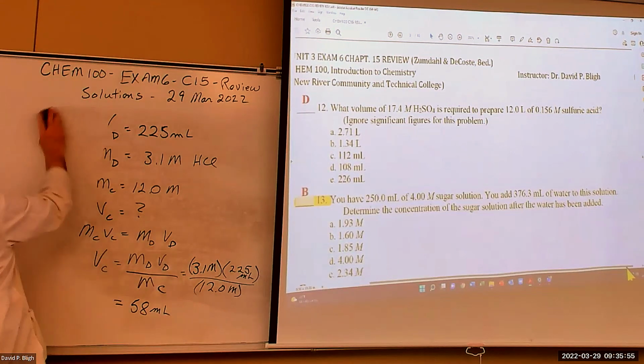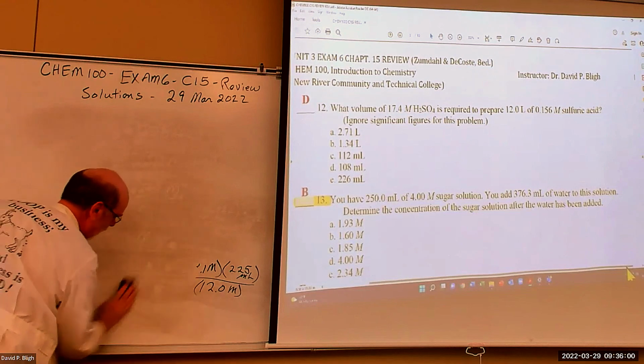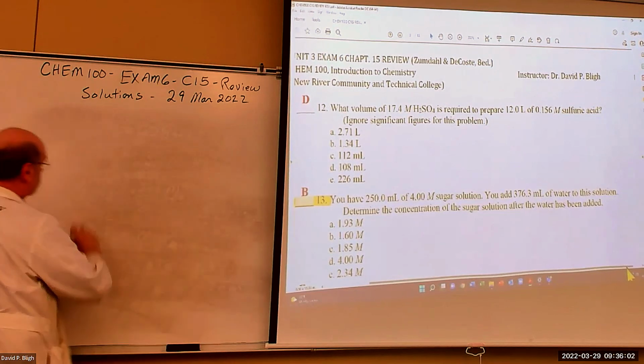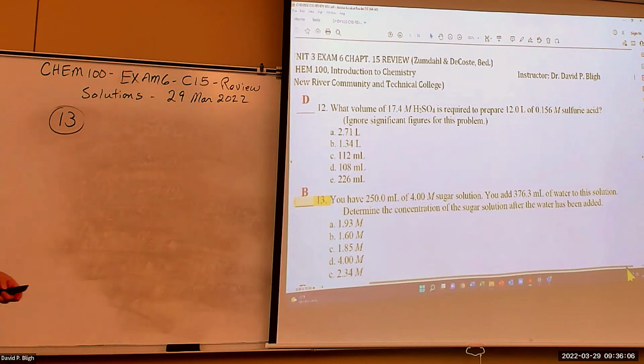Number 13. Let's see. You have 250 milliliters of 4 molar sugar solution. You add 376.3 milliliters of water.